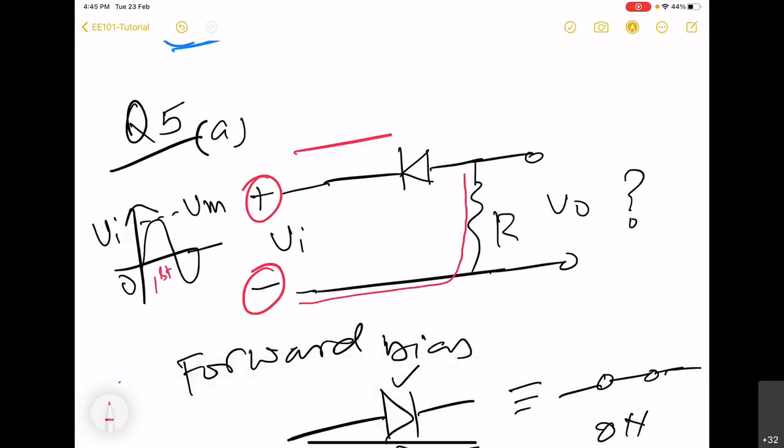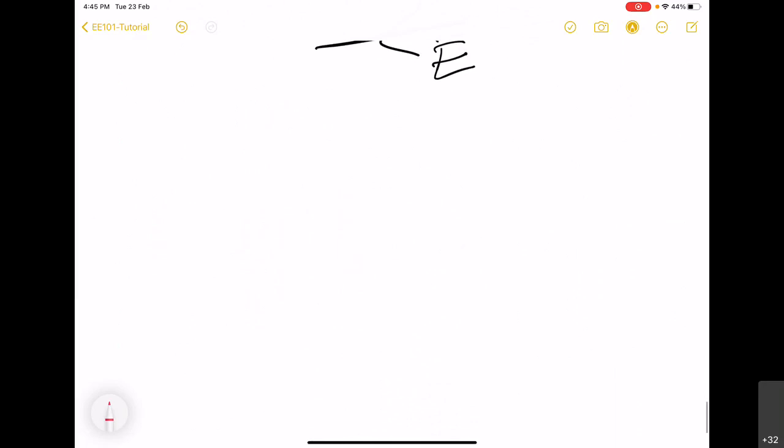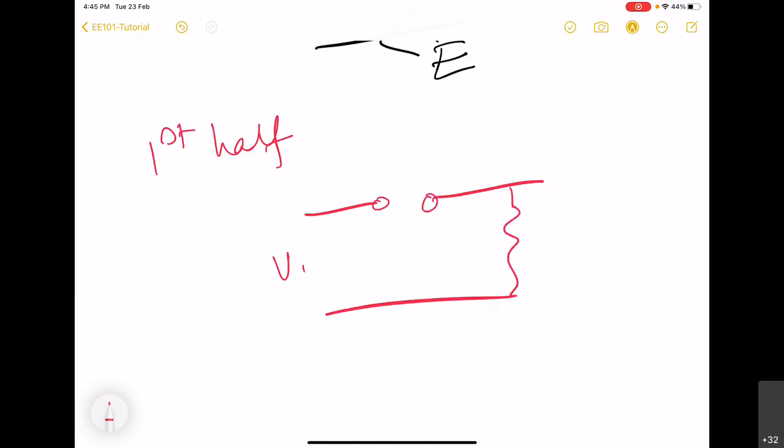In this case, the diode will experience voltage or electric field in this direction, which is opposite to its direction. So during the first half, the diode is going to be off, and the equivalent circuit is going to be like this.